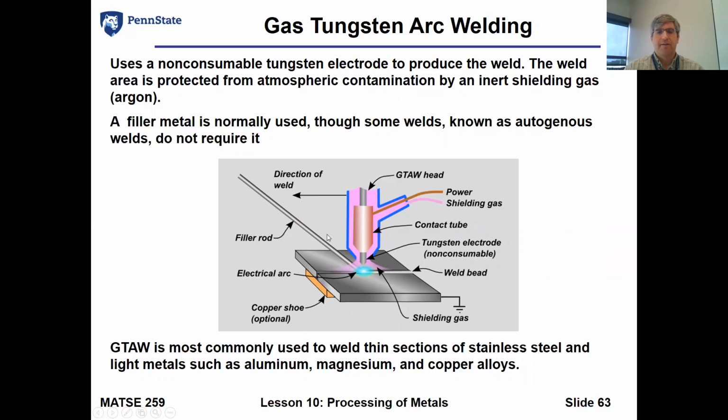It can be manually fed or automatically fed. Your primary energy source is a tungsten electrode. You can also weld autogenously in this process, and it's used for stainless steel, aluminum, magnesium, copper. It's a widely used process. It's a very high quality welding process, as you can imagine, with the tungsten electrode.